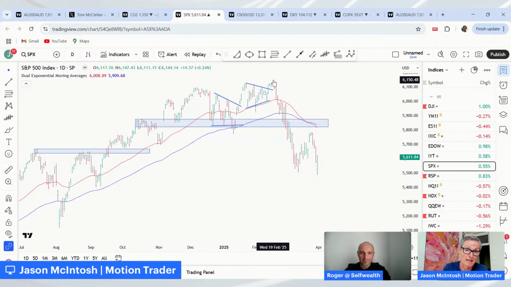Well, that's a reversal day, but it's a bearish reversal, not a bullish reversal. So there's some interesting buying that's come in on Monday for the S&P 500, but we want to see follow through on that. That's why I say one day is interesting, but it's not it on its own. There's a lot more that needs to happen.